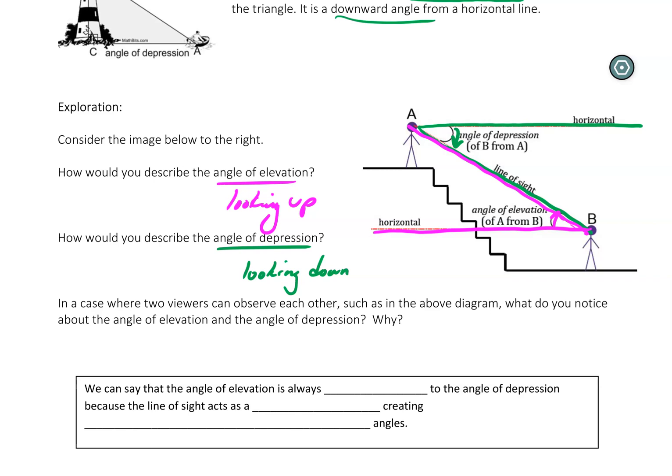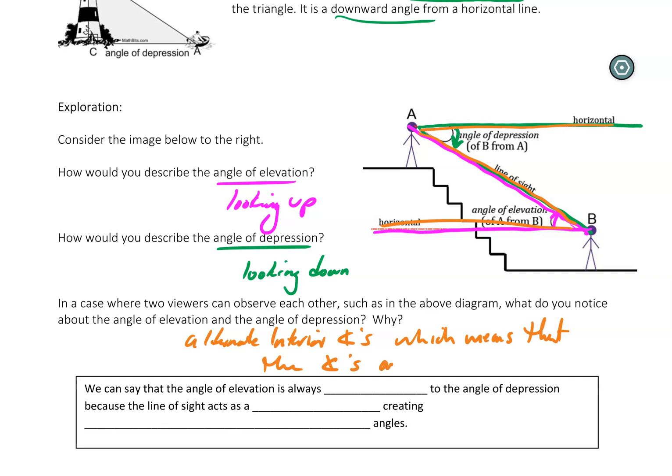Hopefully, if you can think back to earlier in the year, we had this Z-like shape here, which means we have alternate interior angles, which means that the angles are congruent.